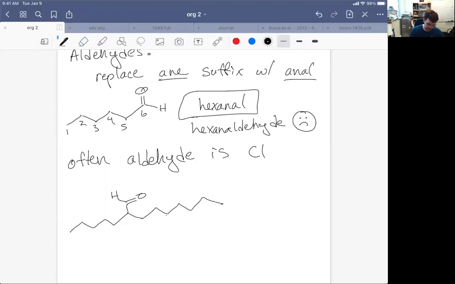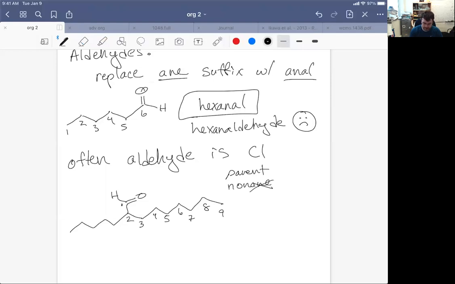What we have to do is set this position to 1 and this position to 2 and then count either to the right or to the left so that we identify the longest carbon chain. In this case, it looks like it's the right. 1, 2, 3, 4, 5, 6, 7, 8, 9. So the parent chain is nonane.